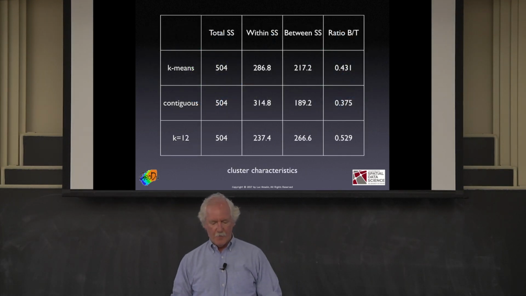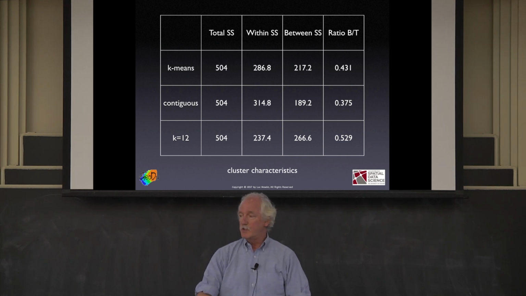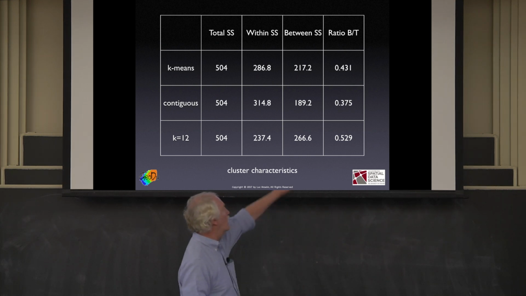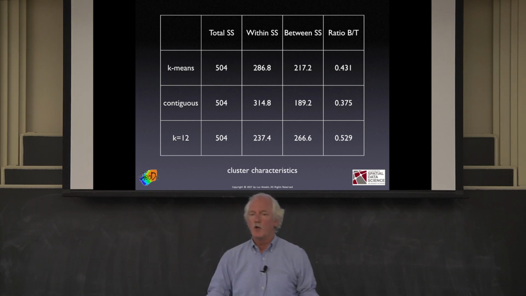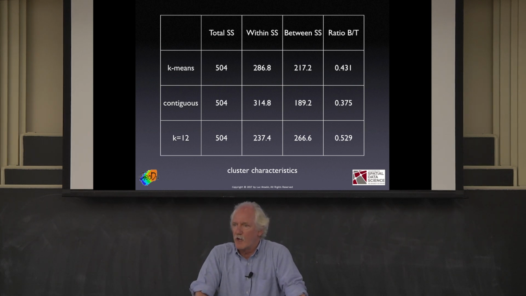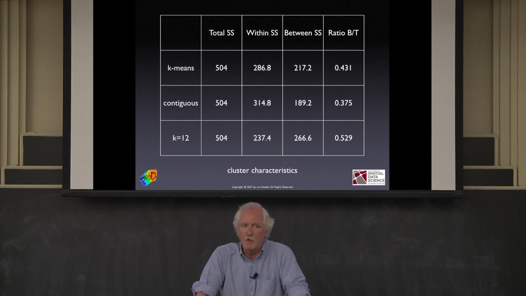So the ratio on the right is the one to look at. That's the ratio of the between sum of squares to the total sum of squares. So we want to maximize between cluster dissimilarity, which is the numerator, and then the total stays the same.